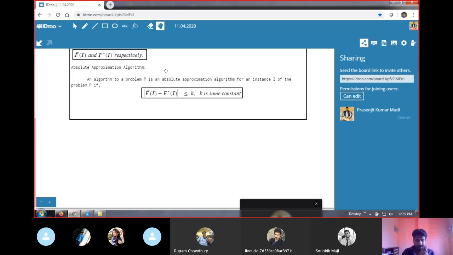Next we go for the epsilon approximation, but before that we shall have the Fn approximation algorithm.